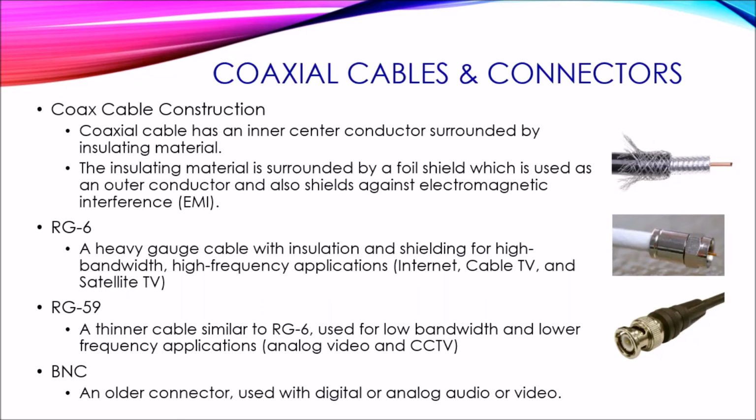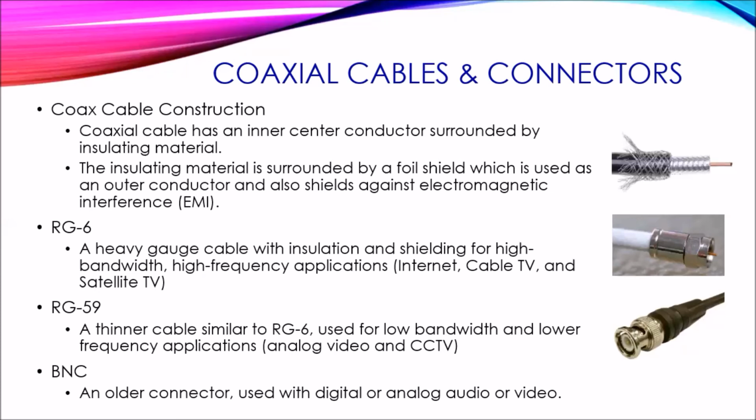This cable has two main types, RG6 and RG59, also known as thicknet and thinnet. RG6 is a heavy gauge cable with insulation and shielding for high bandwidth, high frequency like internet, cable TV, and satellite TV.